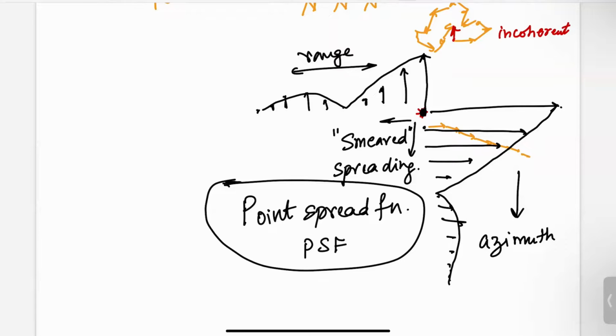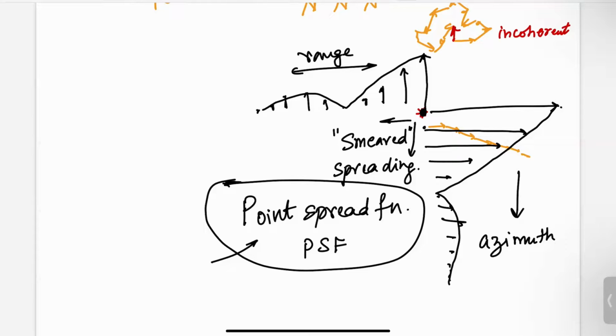It basically tells you if I have a single point target, what does the image look like of that target? And once you know the point spread function, you can know everything about your system. You know what the range resolution is, azimuthal resolution is, what the dynamic range is, and so on and so forth. So knowing the point spread function gives you everything you need to know about the system.